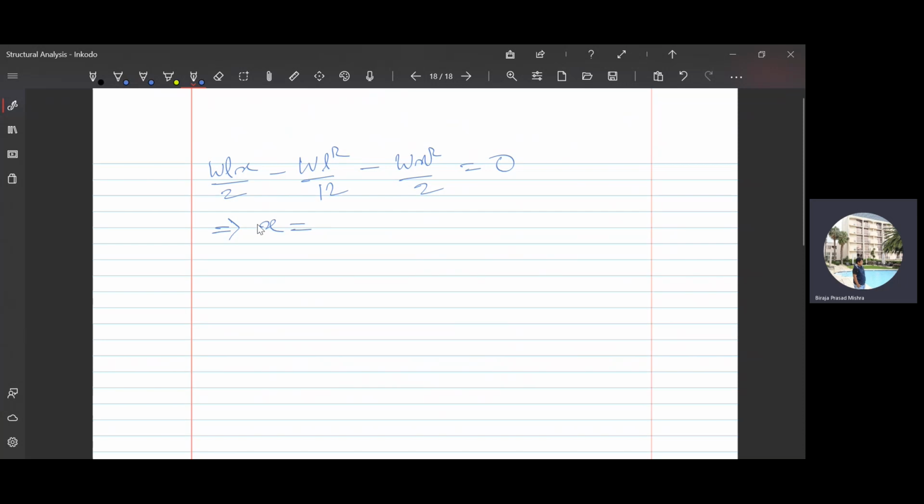All of you please solve for the value of x. What is the value of x?